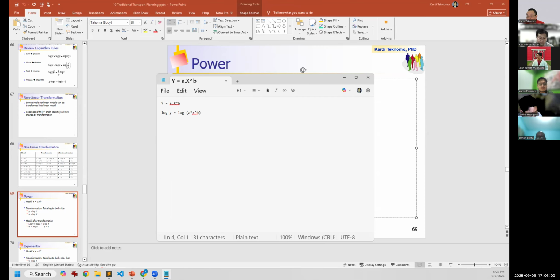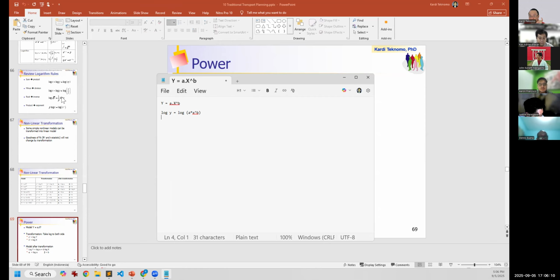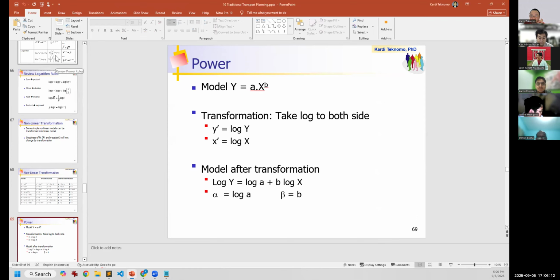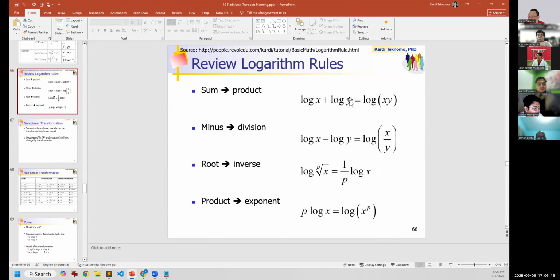Based on the logarithm rule, if you have a multiplication like this, you can separate them by addition of logs.